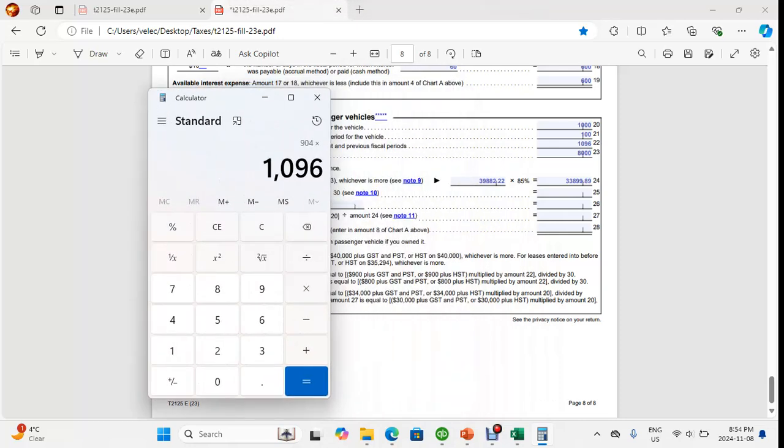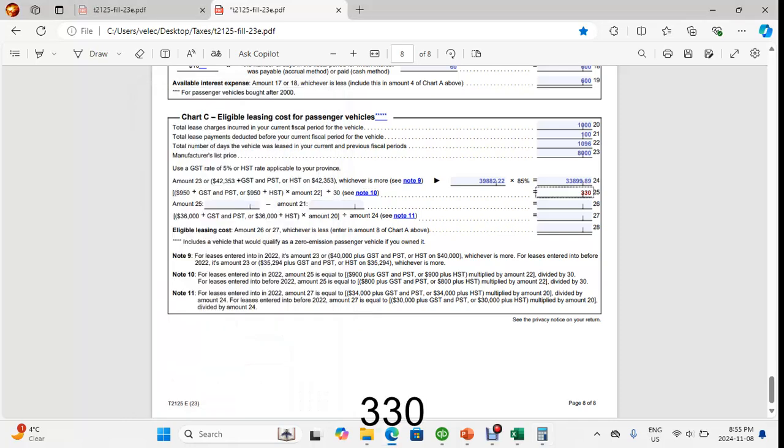Divide by 30, so altogether you're looking at $33,026.13.